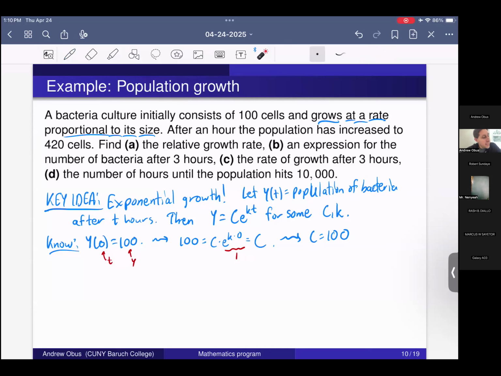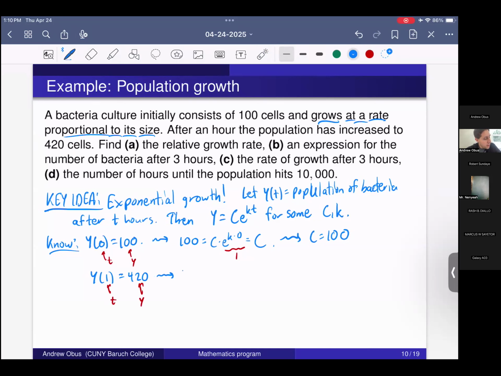Well, the problem says after an hour, the population has increased to 420. So what that tells us is that y of 1 is equal to 420. So again, we have our function. That's saying if we punch in t equals 1, we get that y equals 420.